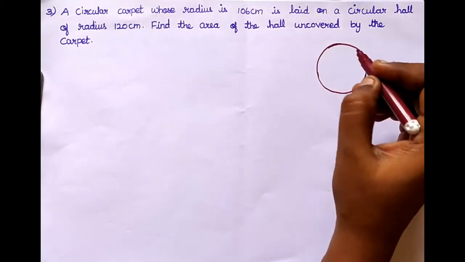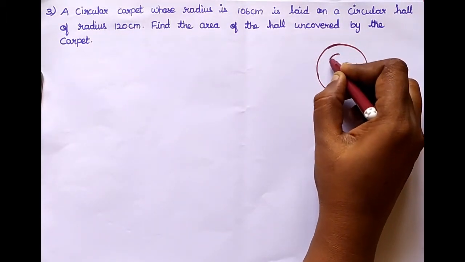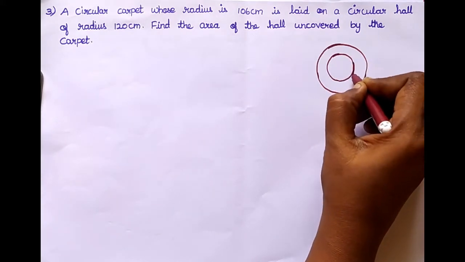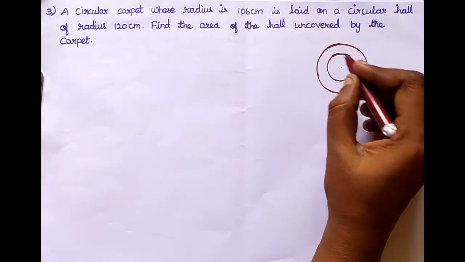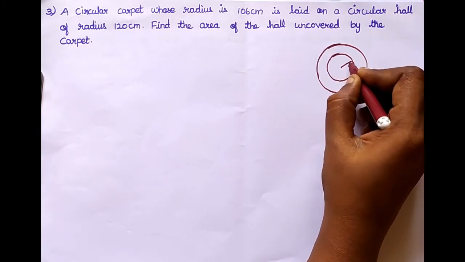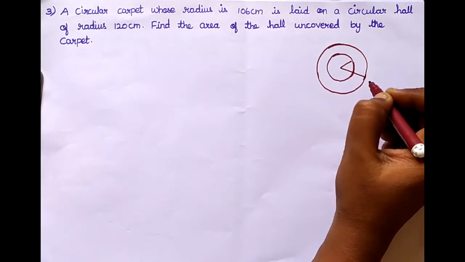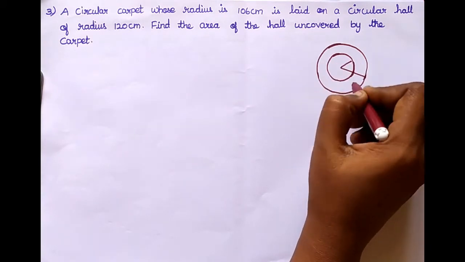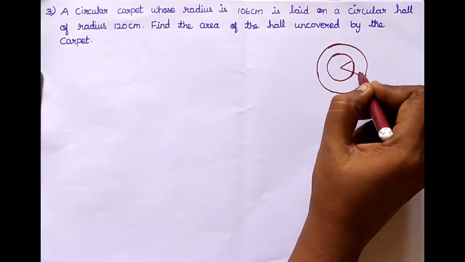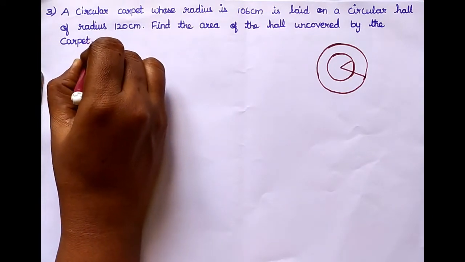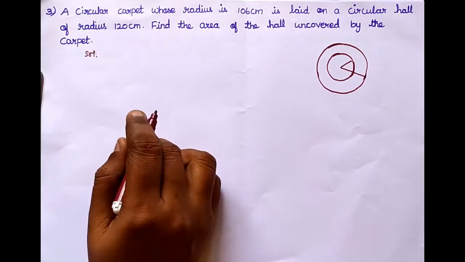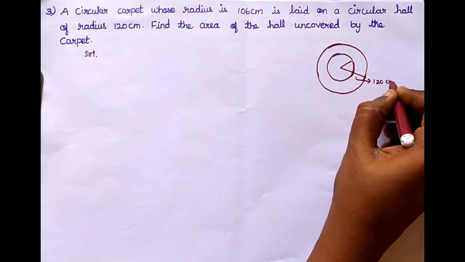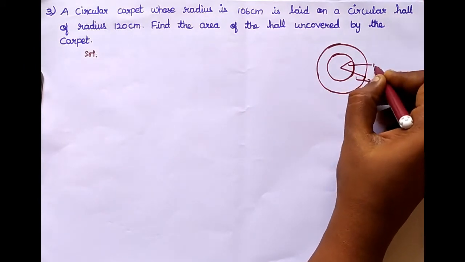A circular carpet is put there. Its radius is 106. So we want to find out the uncovered area, that is pathway, right? Listen. That is 120 centimeter. It is 106 centimeter.